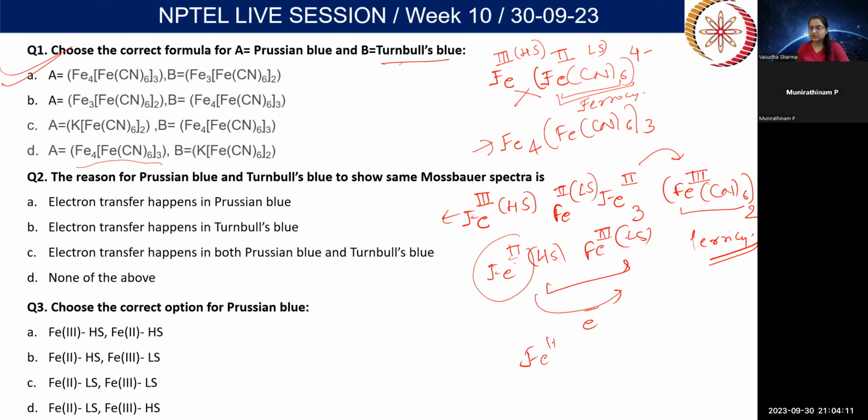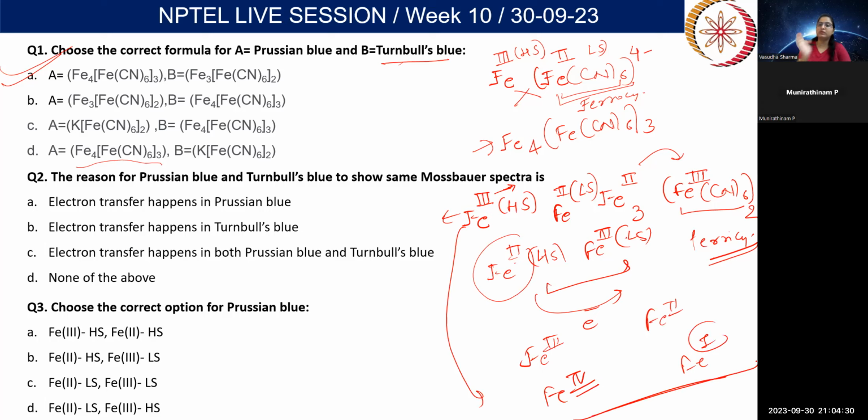So it becomes iron 3 outside and iron 2 inside. If you say that in Prussian blue it is also happening, if you lose an electron from iron 3, it becomes iron 4, whereas no spectra is there for iron 4. And low spin would become iron 1. Have you seen anywhere that Prussian blue and Turnbull's blue have 4 and +1 oxidation states? So the only electron transfer happens in case of Turnbull's blue. That's the B option.